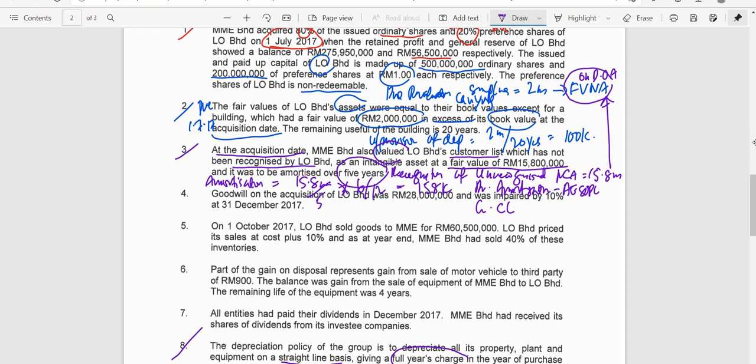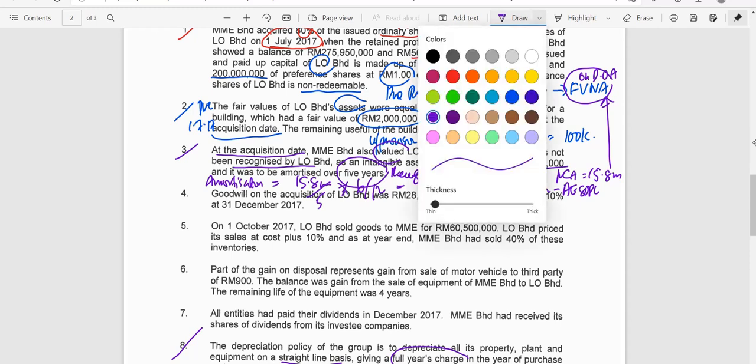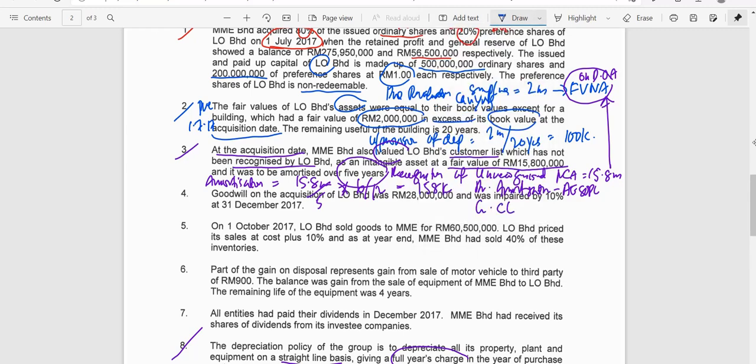For this one, it is going to be debit depreciation, that will be under admin expenses, and that will be credited to the building. So if you want to know the journal entry, the amount is 100, right? That was for the second one. Make sure you include that in your adjustment in the admin expenses when you prepare your CSOP.